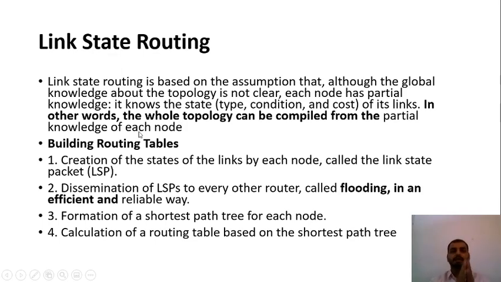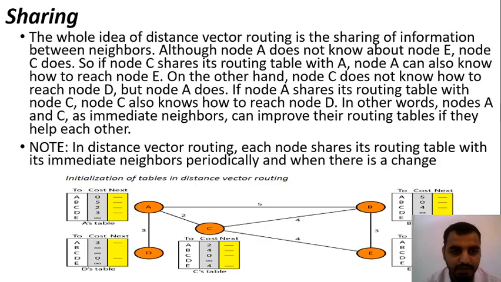Now what do you mean by this? In the previous routing algorithm, the routing table takes the information of the nodes which are interconnected with it, but here the value has the information of this routing table and also of this routing table and this routing table.